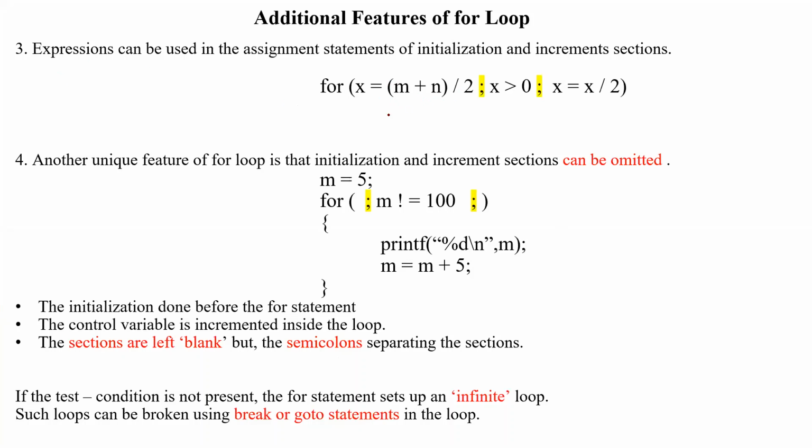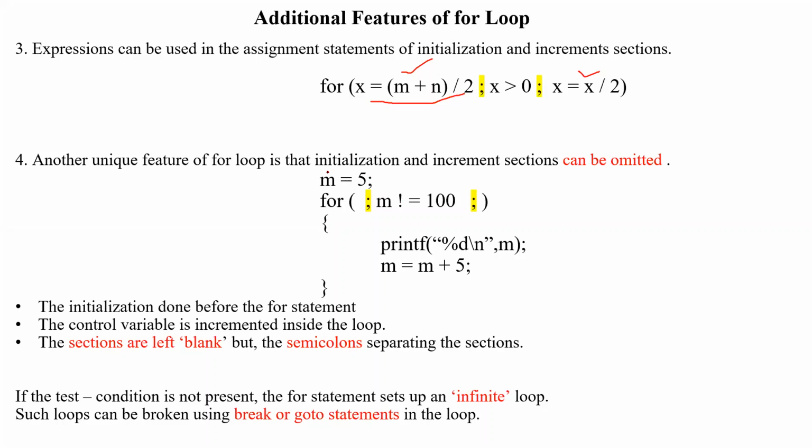slide. That means here also we have an expression which is used for initialization of the x variable, and then we are incrementing or decrementing the x variable also using an expression. Another unique feature of the for loop is, as I told in the first slide, I'm just keeping one line because sometimes they ask this question, additional features of the for loop. So you can number it and write what the additional features are.